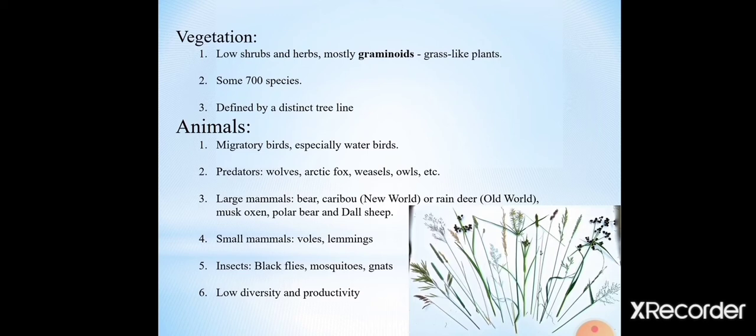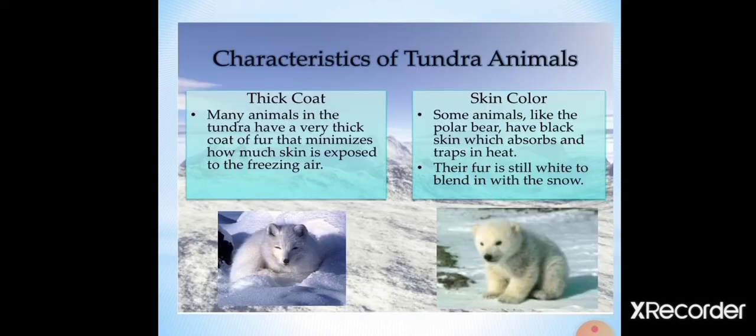You will see polar bears and lemmings here, and lemmings are rat-like animals. Tundra animals have a thick coat, and the skin is covered by white fur.